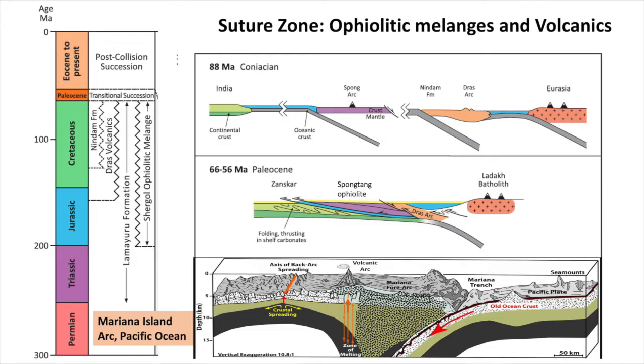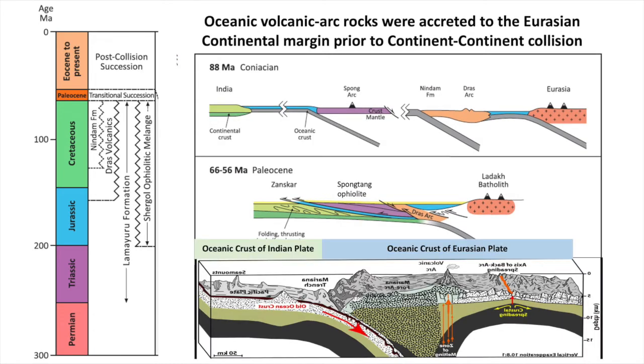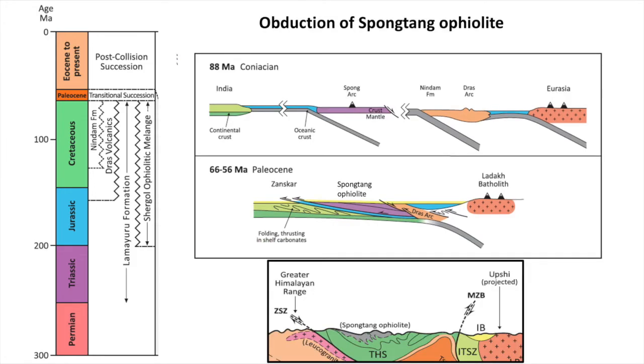And because I always put north on the right-hand side, I've switched that round so that this is analogous. This Mariana Arc is analogous to one of these arcs, particularly this one here, the Nindam Formation and the Dras Arc. So this is how the Dras Arc formed. Oceanic crust subducted beneath oceanic crust, creating a suite of basic and ultra-basic rocks.